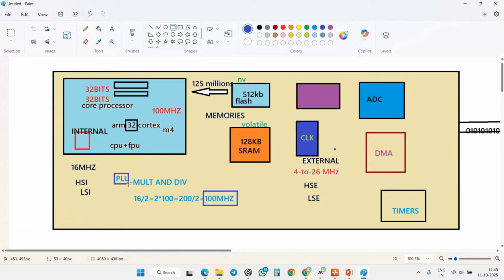You are only giving 16 megahertz, and my maximum value is 100 megahertz. For that range, you need to multiply and divide the value.